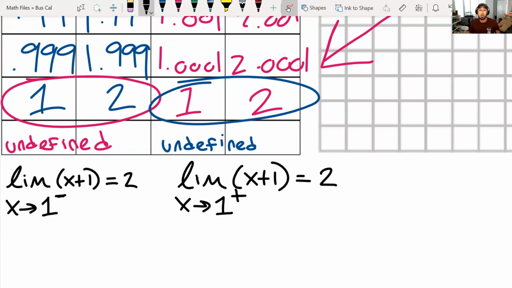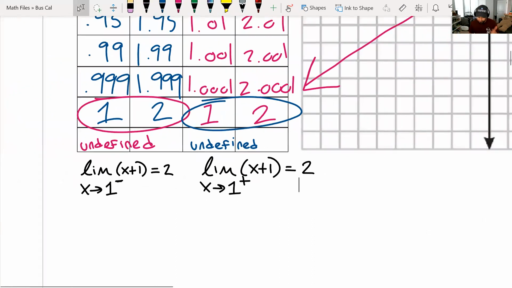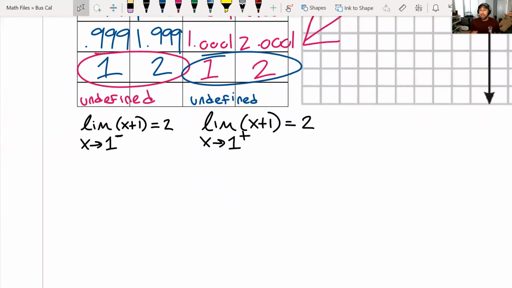So once again, we have a limit that exists and a point that is undefined. And this is okay. Just make sure you are good with the terminology. All right. And now, the big picture here. So we now see that the limit from the left is 2.